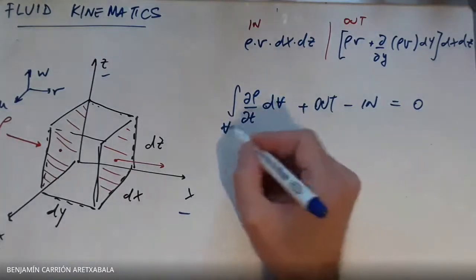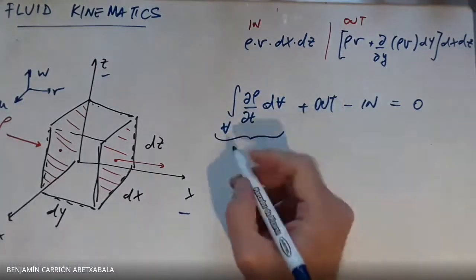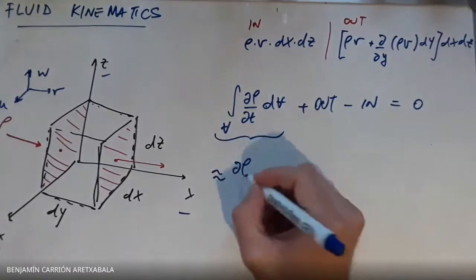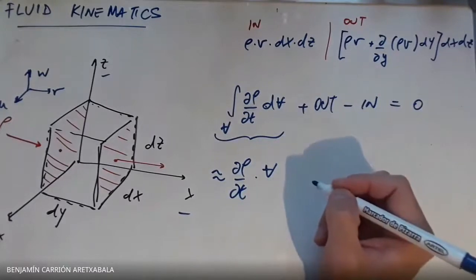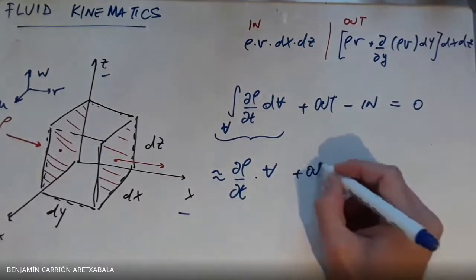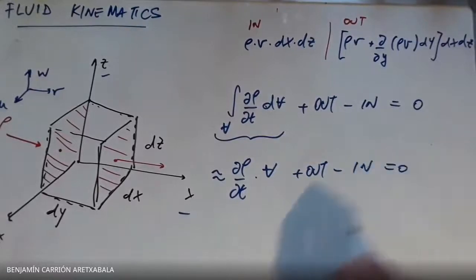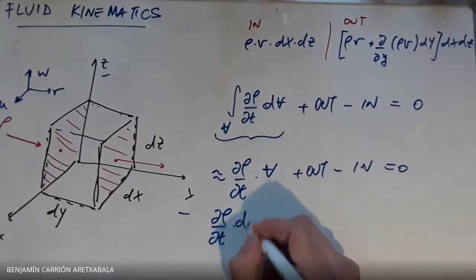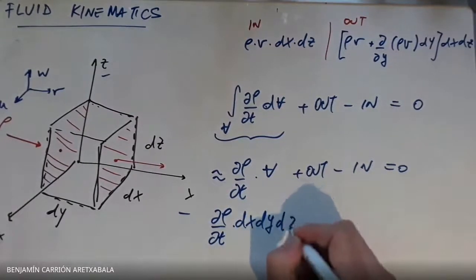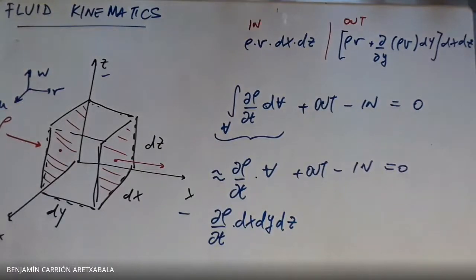So this part here, we could approximate it as the derivative of rho over time times the volume itself, right? Plus out minus in. And the volume itself is just dx, dy, dz, right? So we're assuming there are no sources, there are no losses of mass, and all the change of mass depends on the flow.